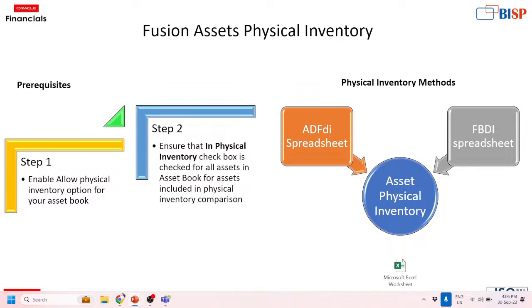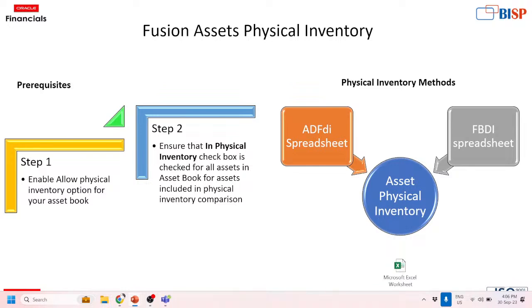There are 2 methods for loading a physical asset in the inventory comparison process. One is the ADFDI spreadsheet, and another one is the FBDI spreadsheet. We will use the ADFDI sheet for our demonstration purpose.